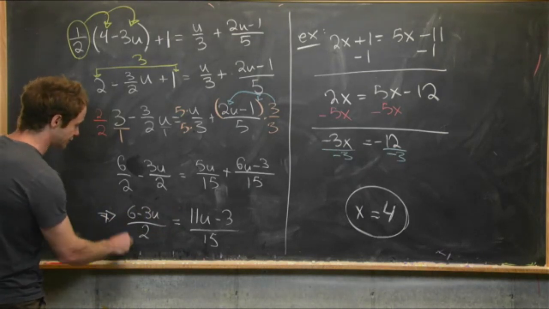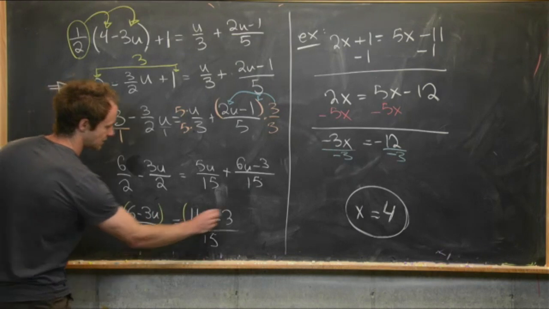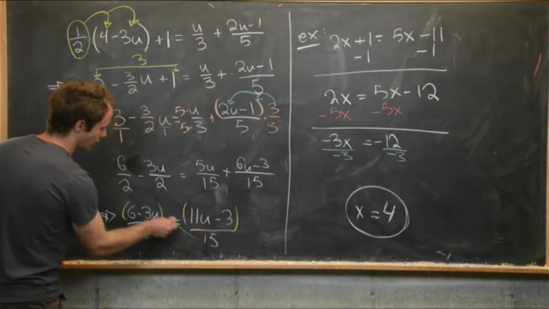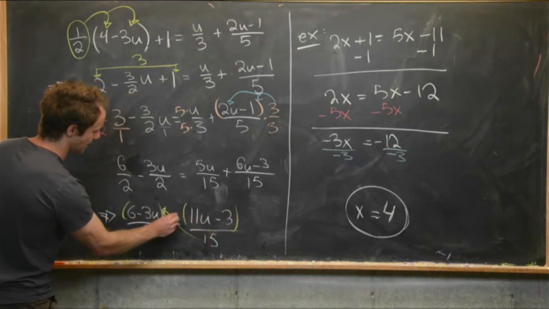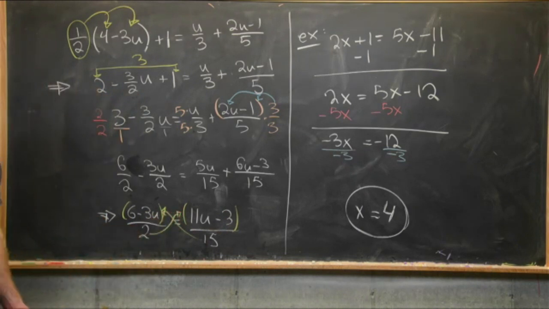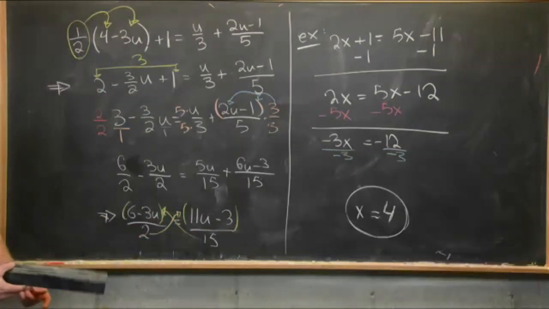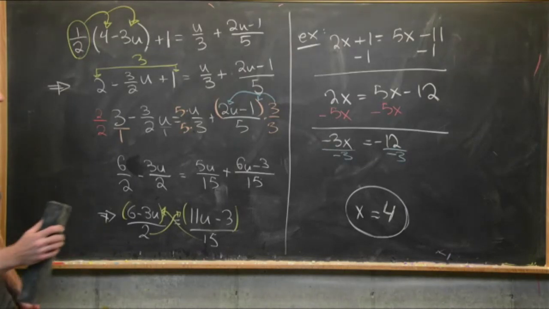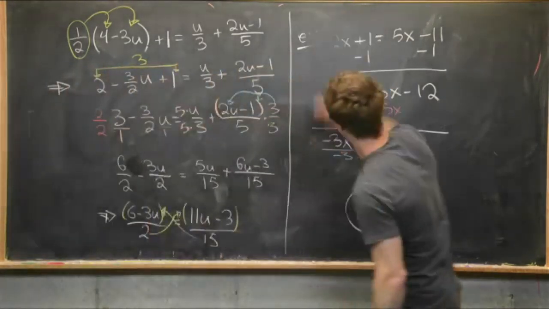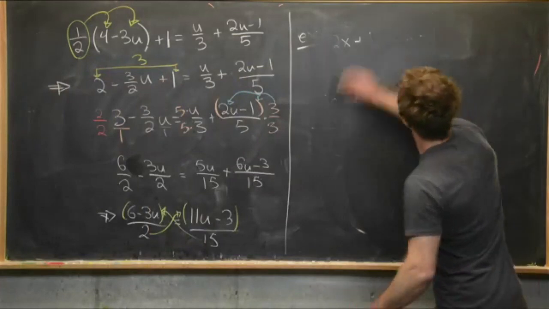But now we can use cross multiplication. So if these two fractions are equal, we can multiply the 15 up here and the 2 up here. That's just by this equivalent rule for fractions. And let's see what that gives us.